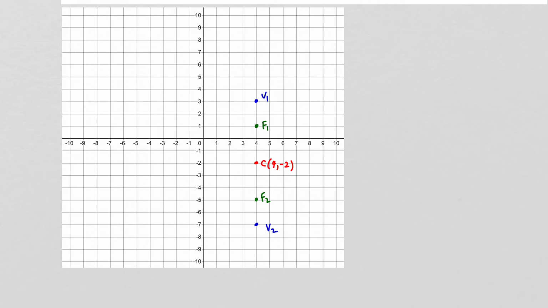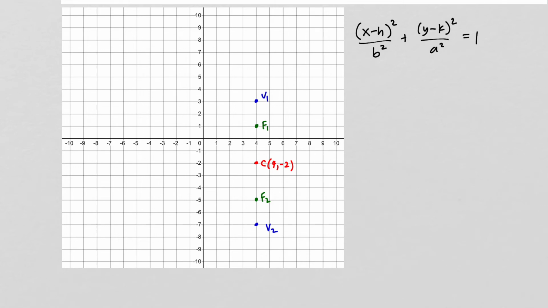So remember, the equation for this ellipse is going to be (x - h)^2 over b^2 plus (y - k)^2 over a^2 is equal to 1. And again, the reason we know a has to be under the y variable is because this is a vertically oriented ellipse.